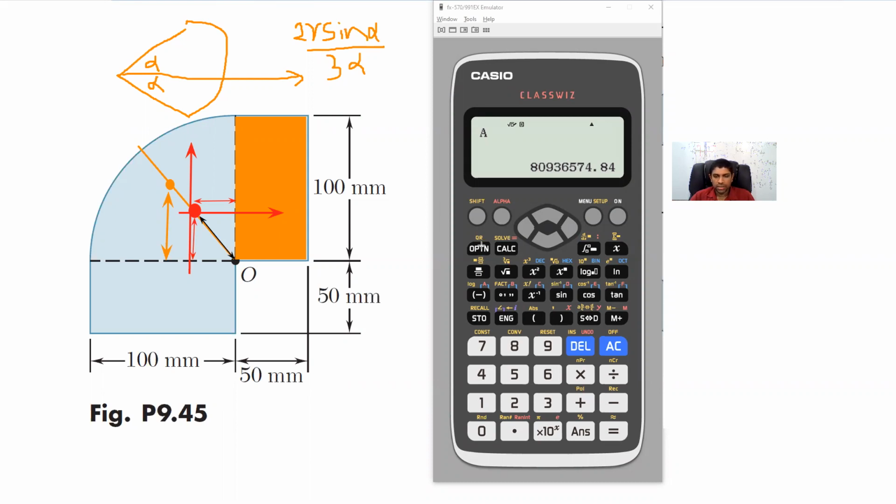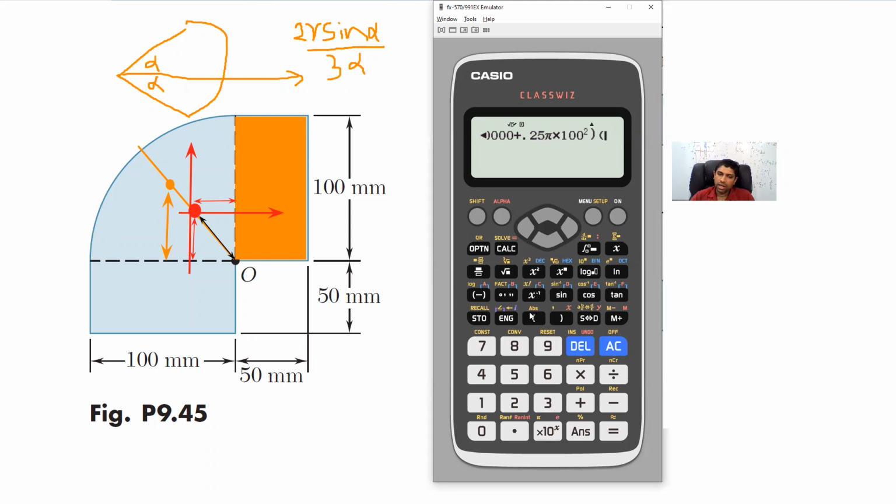So I centroidal is I naught minus A R squared. A is 10,000 plus 0.25 times pi R squared, into A R bar squared.